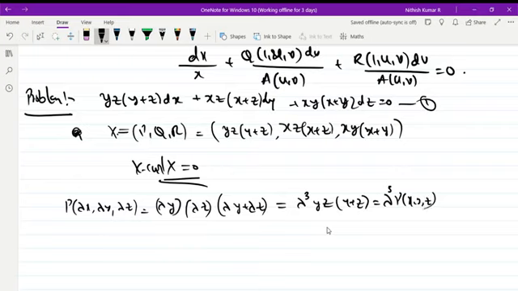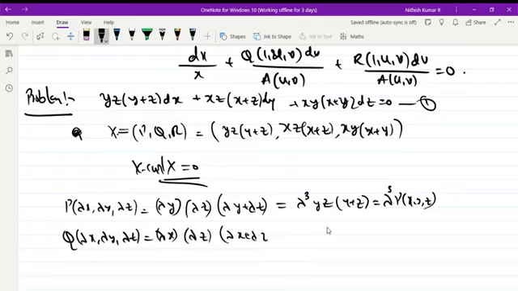Similarly, you can observe q of λx, λy, λz is equal to λx into λz into (λx plus λz), which is nothing but λ cube into xz into (x plus z), which is λ cube into q of x, y, z.